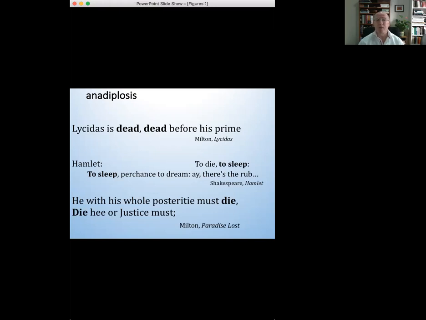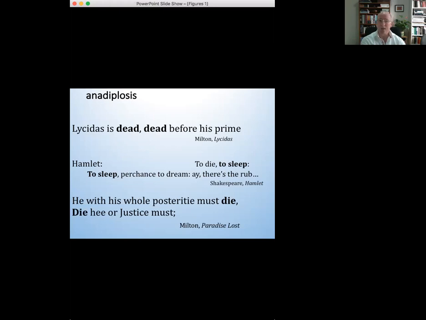that famous speech from Hamlet in which he's thinking about death and suicide. He does not say "To die, to sleep, perchance to dream. Aye, there's the rub." Rather, he says "To die, to sleep, to sleep, perchance to dream. Aye, there's the rub." One line or phrase ending with to sleep, and the next one beginning with those same words.